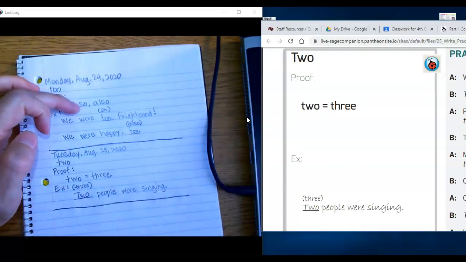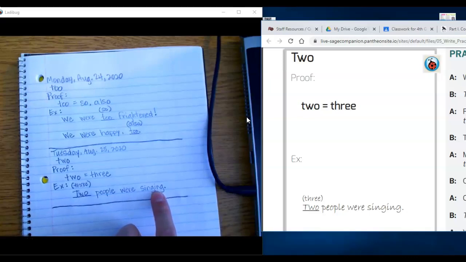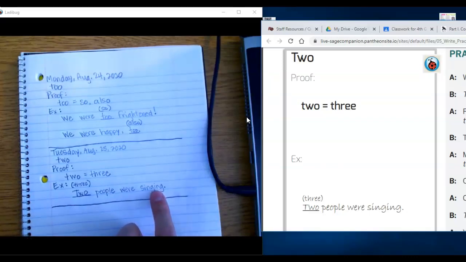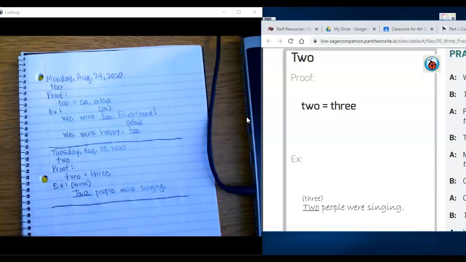Okay, so let me try to sub in that word so. So people were singing. Does that work? Does that sentence make sense? That one doesn't work. So if I had the word to, T-O-O, here, and I tried to substitute that word so, it wouldn't have made sense. That's how I know if I've used the correct form of that homophone to.